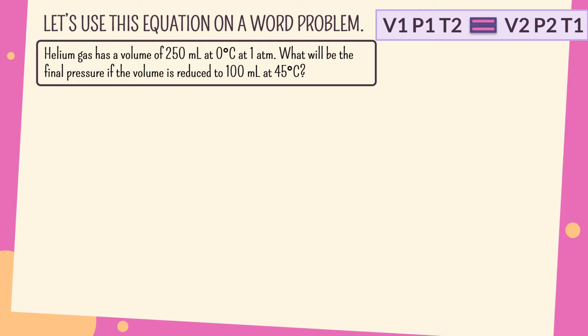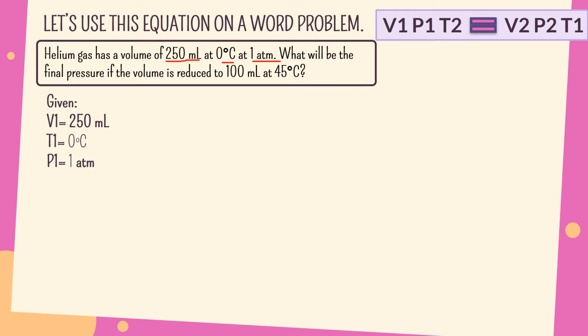First, let's get the given quantities in this word problem. So we have 250 ml as our initial volume, 0 degrees Celsius as the initial temperature, and 1 atmosphere as our initial pressure.